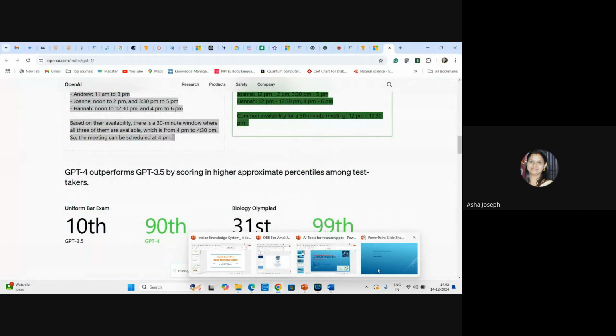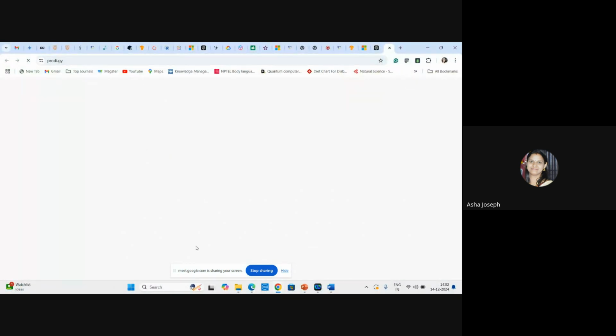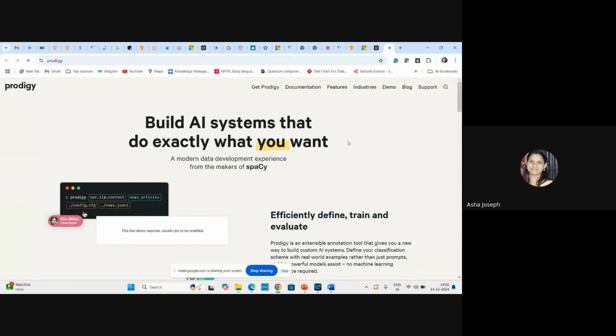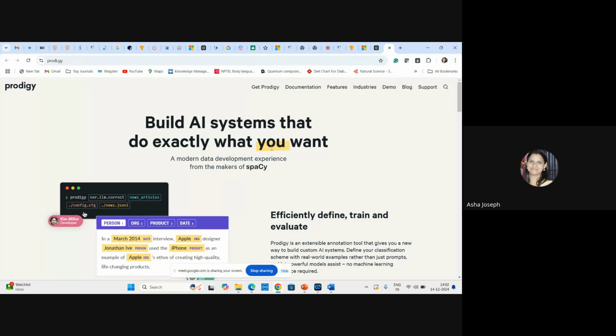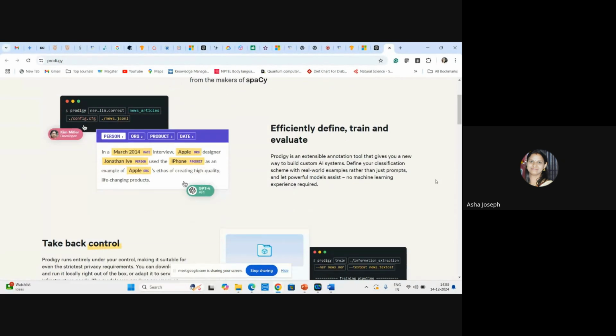Now coming back to the PPT, the other one which I mentioned, Prodigy. So build AI systems that do exactly what you want. That is what you people are actually searching for when you're doing some research which is AI related or ML related. Sometimes you will feel like I want to implement or build AI systems that can do what you want. So for that purpose, particularly you can use this tool.